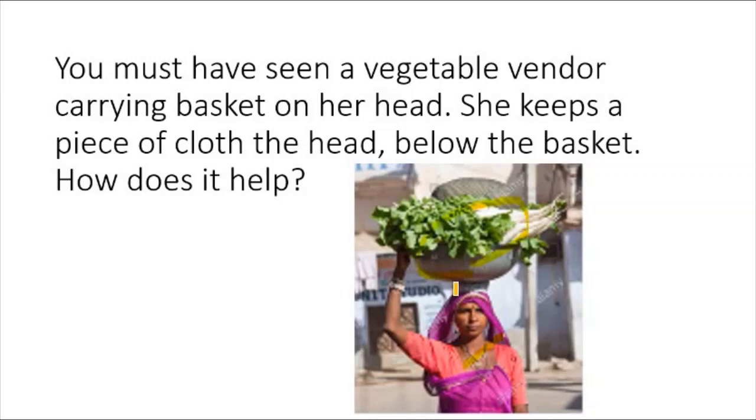She keeps a twisted piece of cloth on the head below the basket. How does it help? Think, students. By placing a twisted piece of cloth on the head, a vegetable vendor increases the area of contact of the basket with her head. Since the load now falls on the larger area of the head, the pressure on the head is reduced and it becomes easier to carry the heavy load.